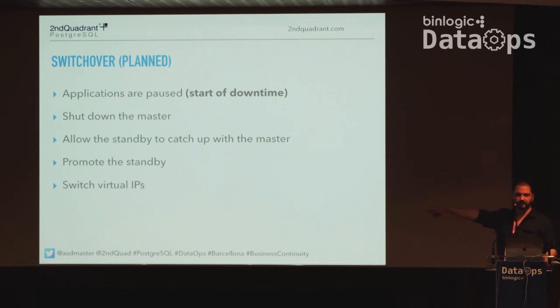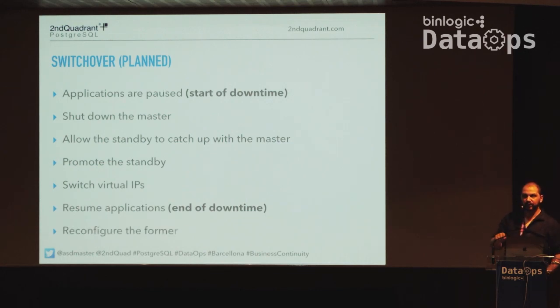You should use virtual IPs that point your application to the actual master, okay. Then start everything again. At this point, you can reconfigure the old master to be the new standby, okay? This is a switch that is planned.